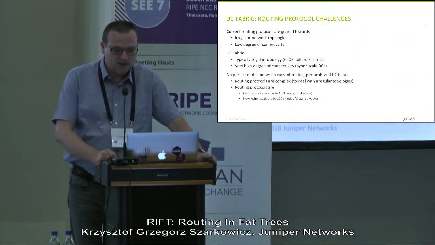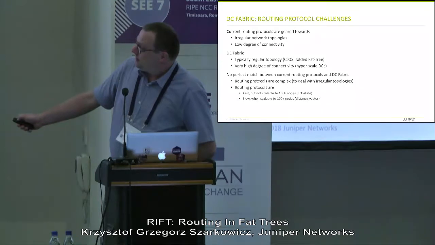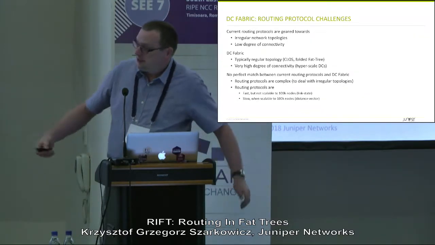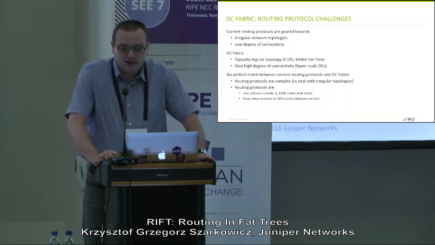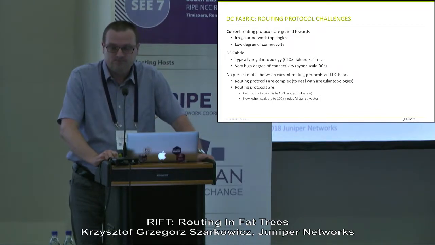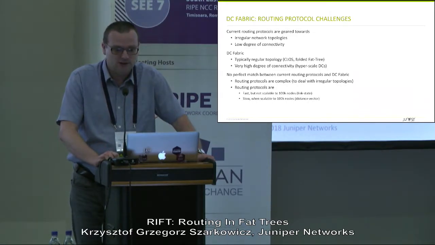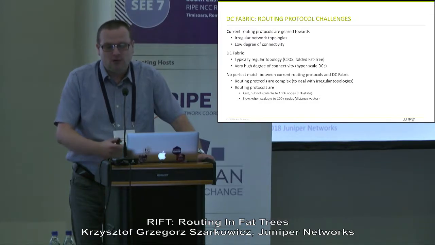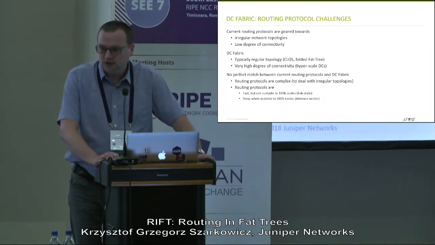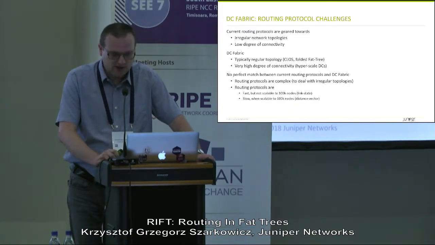Well, the current protocols are built to handle irregular network topologies. Some irregularity can be handled by the current network protocols, but they are not optimized for a high degree of connectivity. With a low degree of connectivity it's okay, but not with a high degree of connectivity.